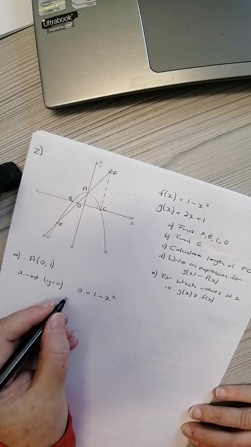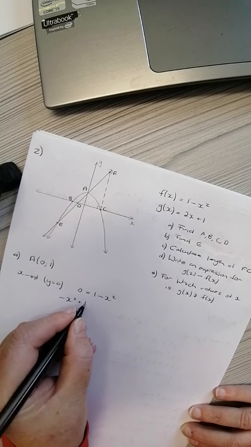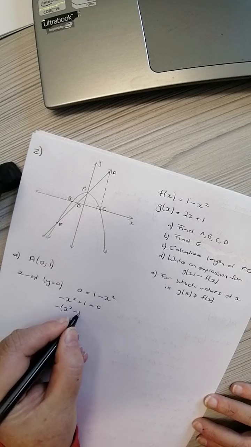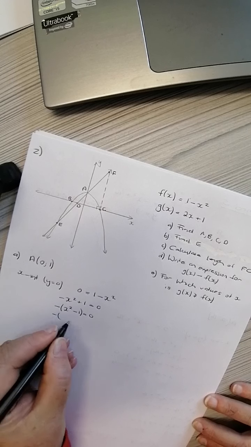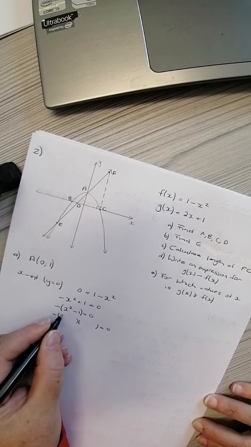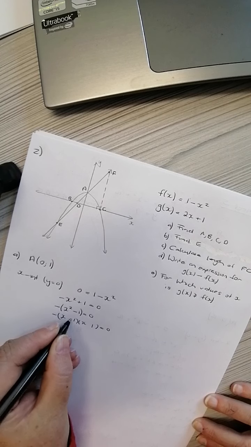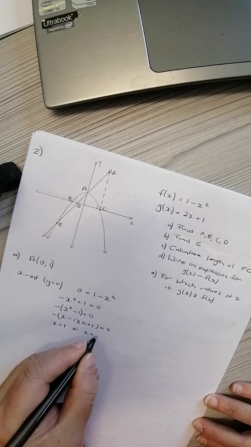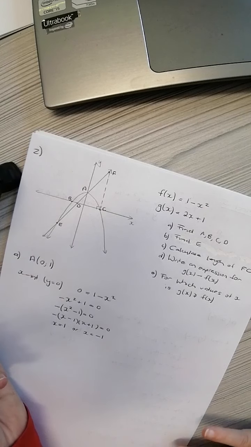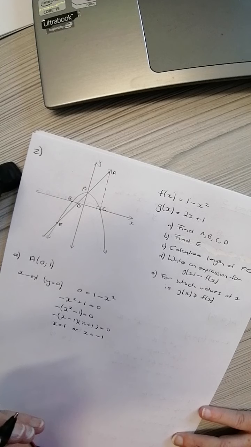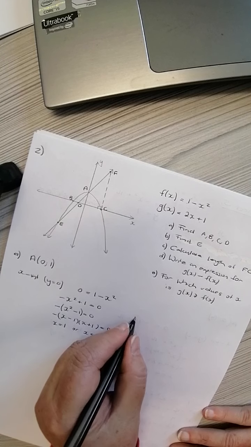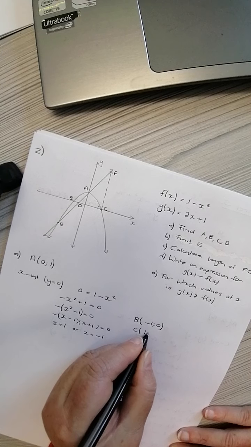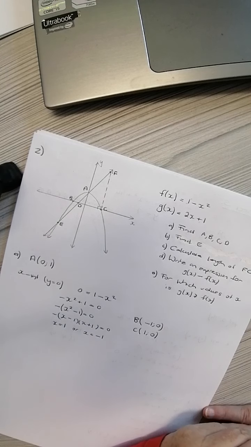I'm going to take minus x squared plus 1. I just rewrote it. Take out the minus and I'm left with x squared minus 1 equal to 0. Factorize the difference of two squares. So you have x equal to 1 or x equal to minus 1. Then we can get B and C. B is (minus 1, 0) and C is (positive 1, 0).